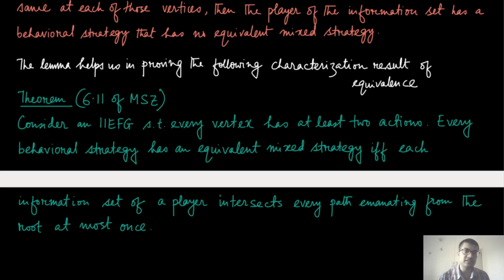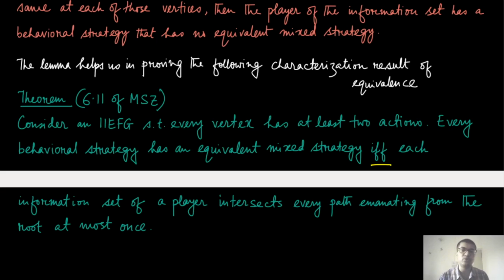So this is the statement of the theorem. It says that if you pick some imperfect information extensive form game in which every vertex has at least two actions, then every behavioral strategy has an equivalent mixed strategy in that game if and only if each information set of that player intersects every path emanating from the root at most once.